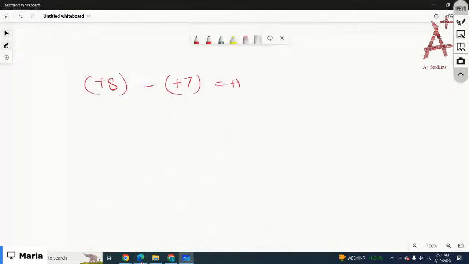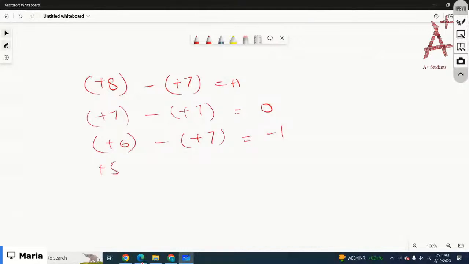Start decreasing this one by 1. Positive 7 minus positive 7 is 0. Positive 6 minus positive 7, 6 minus 7 is negative 1. Positive 5 minus positive 7, negative 2. Positive 4 minus 7, negative 3.